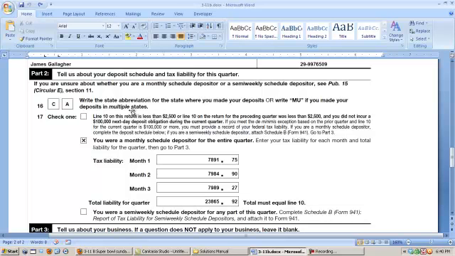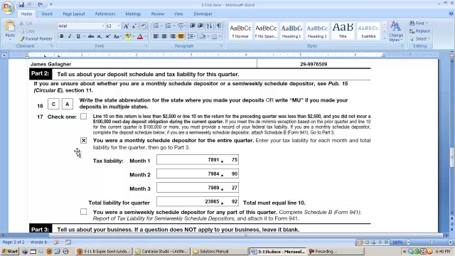Now remember, in this example, we're in Sacramento, which is in California. If you were doing this for a company in North Carolina, you would have an NC here. In this problem, 312B, they mention that we are a monthly scheduled depositor, and they tell us the amounts here.